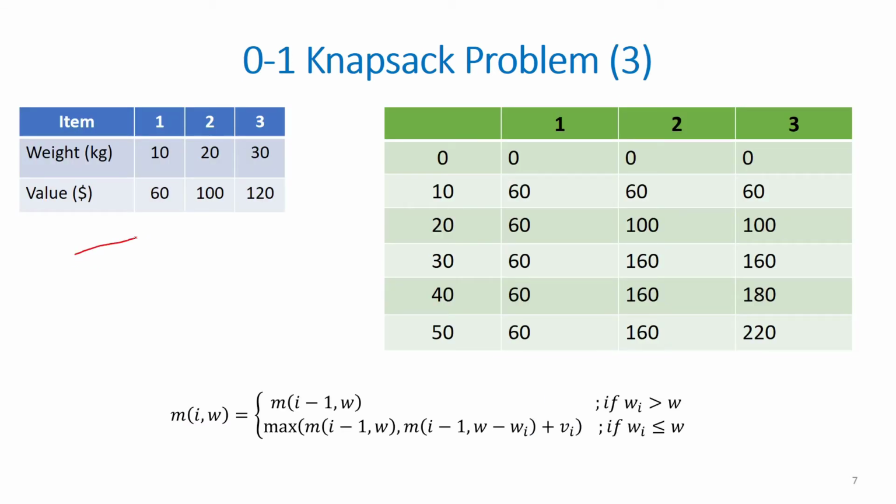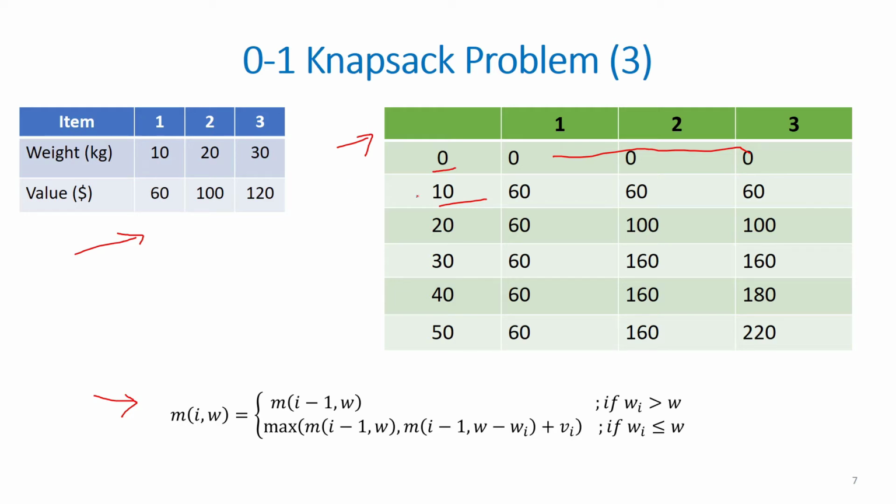This is the table we had earlier, and this is the M[i][W] table that we need to fill up using the recursive DP equation repeated over here. For W equal to 0, this row would be 0. For W equal to 10, we see that only item 1 has a weight less than or equal to 10.